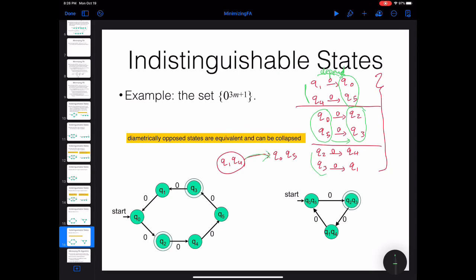And the equivalency of this pair Q2 and Q3 is going to depend on another pair Q1 and Q4. Okay? So, in fact, as you can see, all these pairs which are equivalent are going to depend on each other. This is exactly the basis of the algorithm that I wanted to show you.